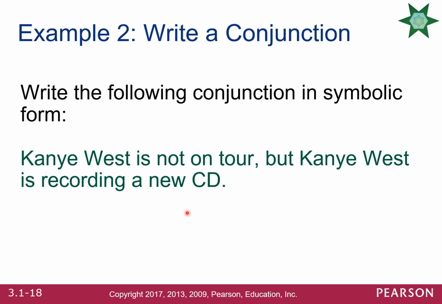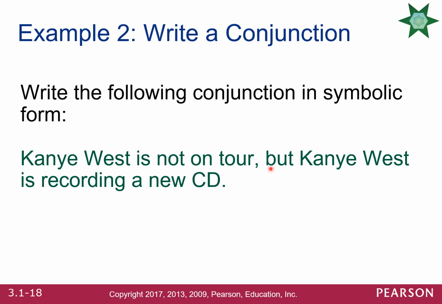So here's an example where we have to write this given statement as a conjunction in symbolic form using the symbols that we've learned so far, the not and the and. Let's read what the statement is. Recall that a conjunction connects two ideas. Here the statement is: Kanye West is not on tour, but Kanye West is recording a new CD.